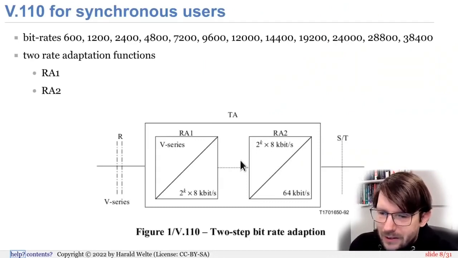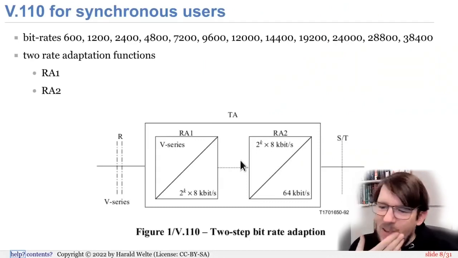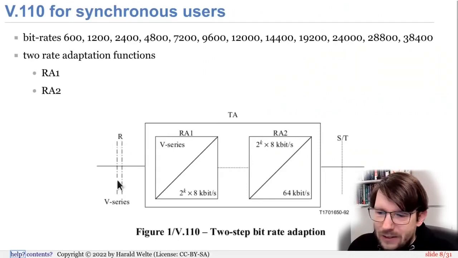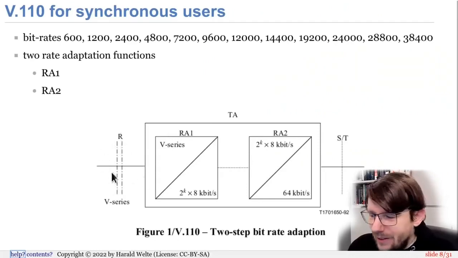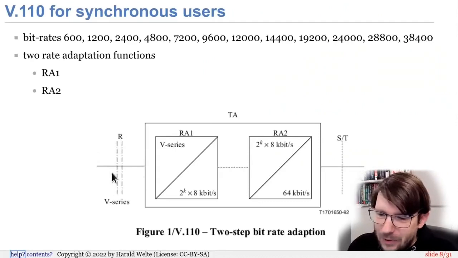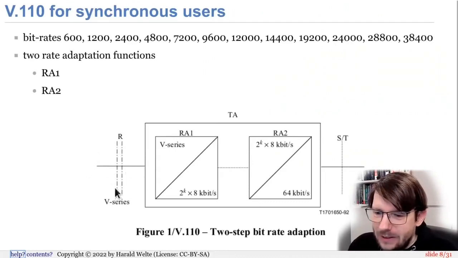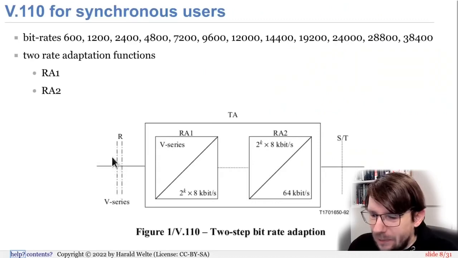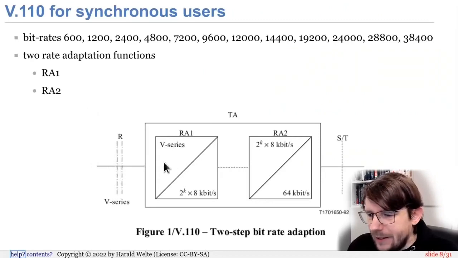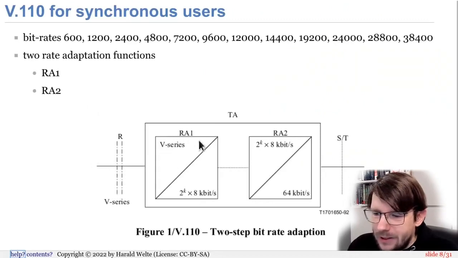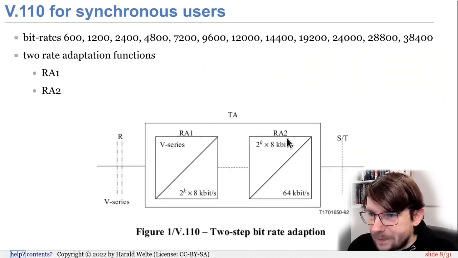Now let's look at the synchronous use case first. In the synchronous use case, we have a serial interface that is a synchronous serial interface, meaning it has a clock and you have bit synchronous data. This could be an X.21 or something like that, I suppose. And you have a synchronous bit rate entering the terminal adapter here on the left-hand side, and you have two rate adaptation functions, RA1 and RA2.